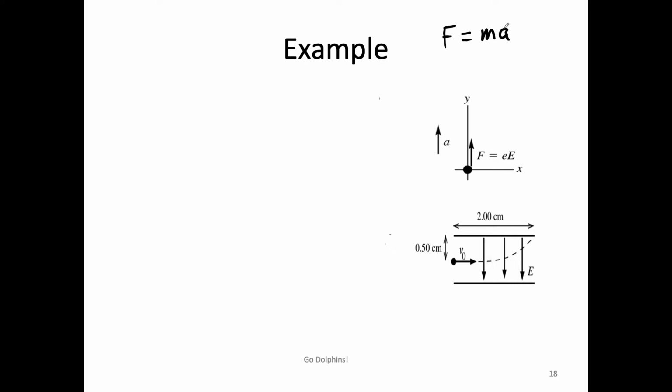We'll see whether we can ignore gravity in question D. For now, let's pretend we can ignore gravity. F equals ma, and it should be equal to the charge e times E. The mass of the electron is a constant, so basically if you can find a, you can solve for E. So I need to solve for a.